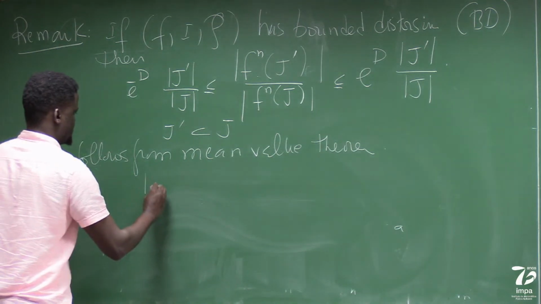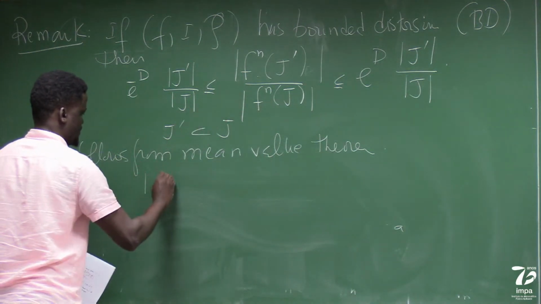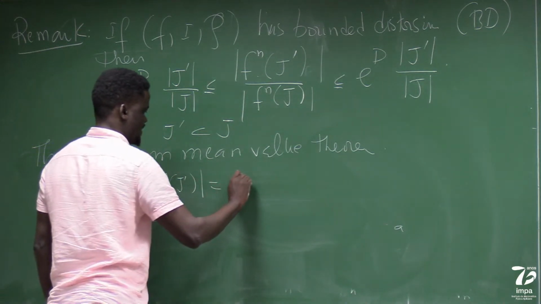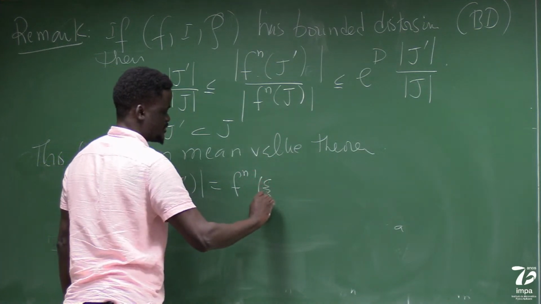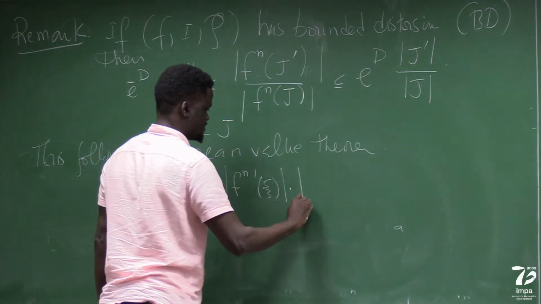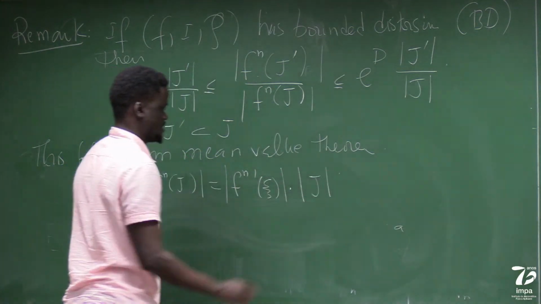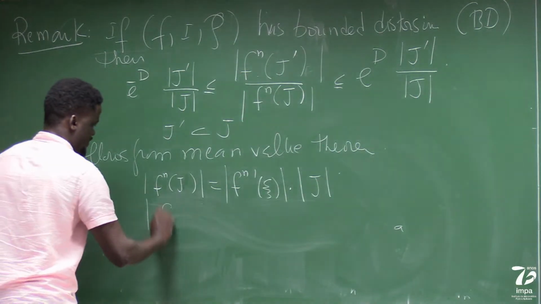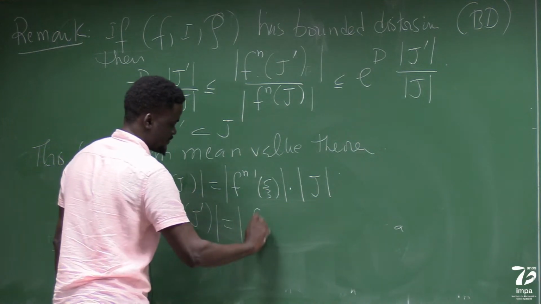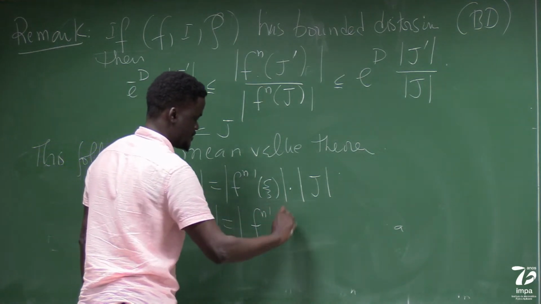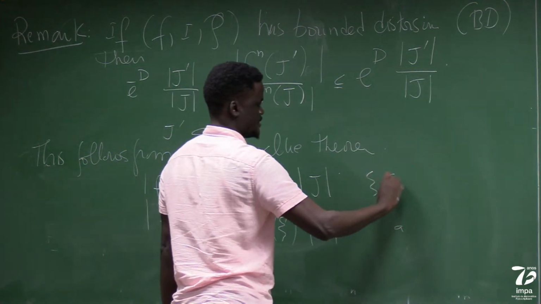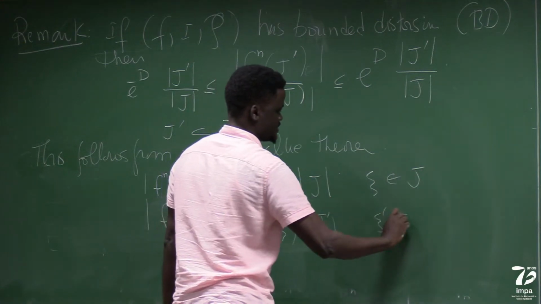Let me just write it: the size of f^n J equals f^n prime at the point xi times the size of J, and also the size of f^n J prime equals the size of f^n prime at xi prime times the size of J prime, for some xi in J and xi prime in J prime, okay?